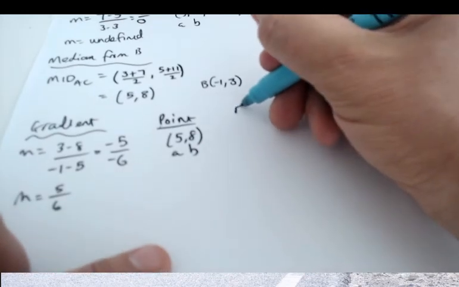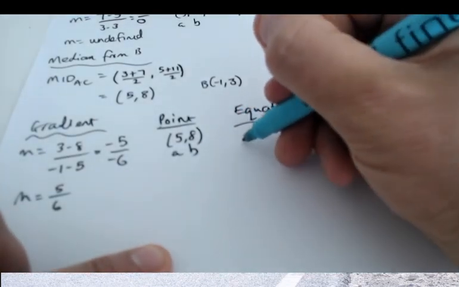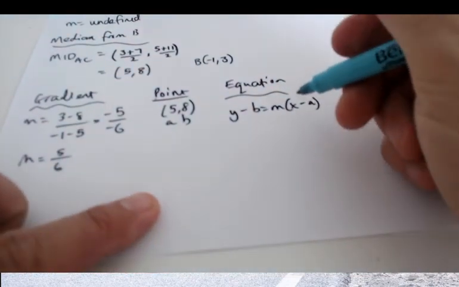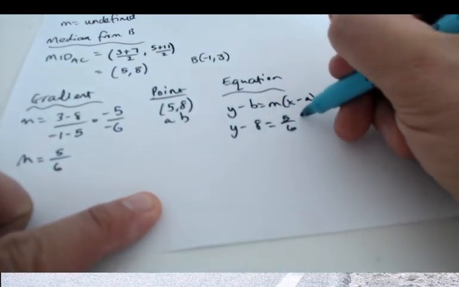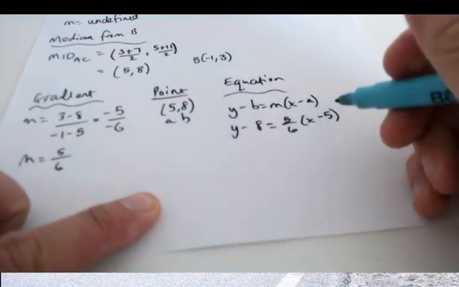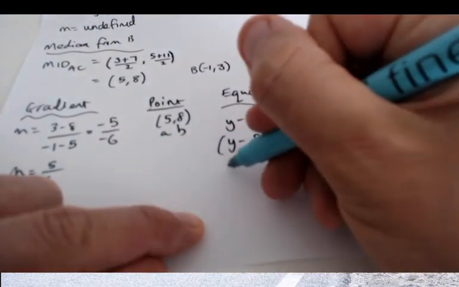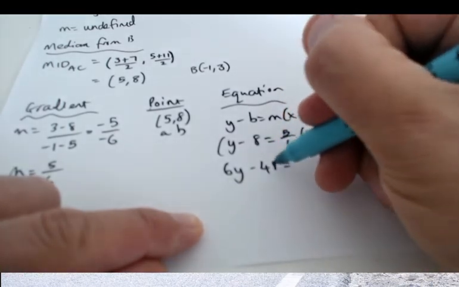My equation, that's going to be y minus b equals m bracket x minus a. That's going to be y take away 8 equals 5/6 (x minus 5). I'm going to multiply through by 6 to remove the fraction. Times by 6, times by 6, times by 6.